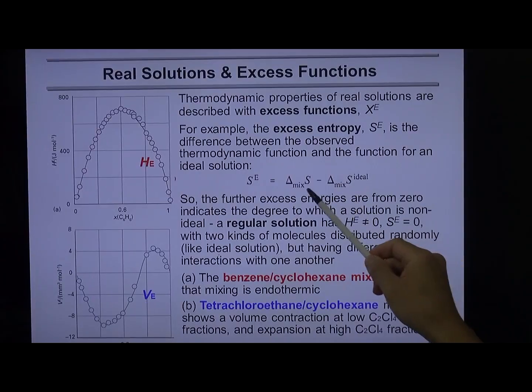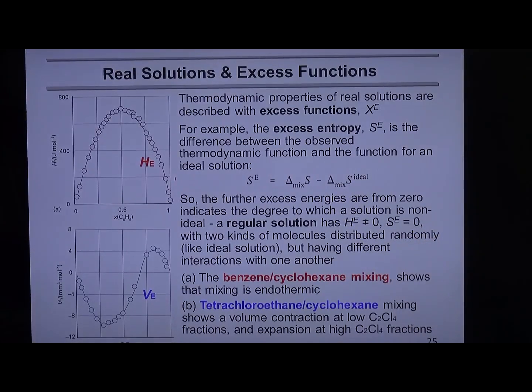Basically, the difference between real solution and ideal solution. That's the definition of excess function.